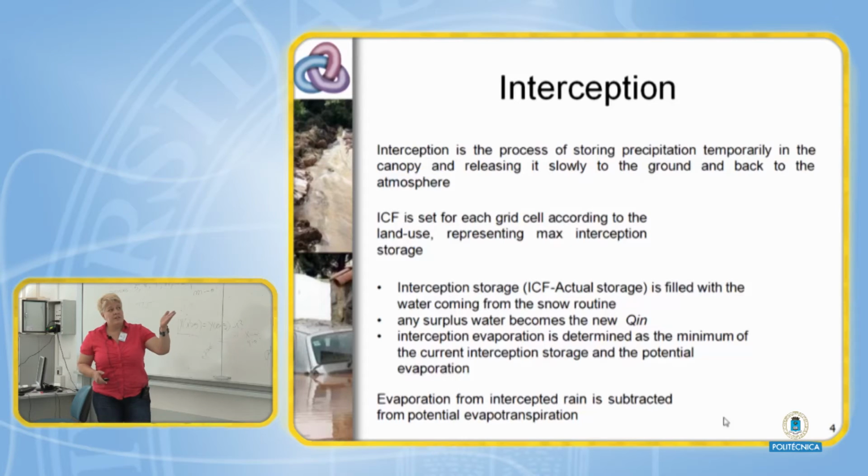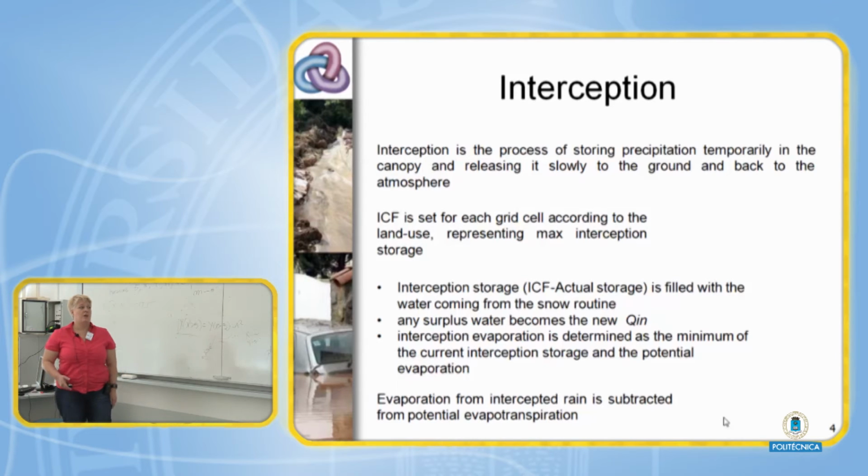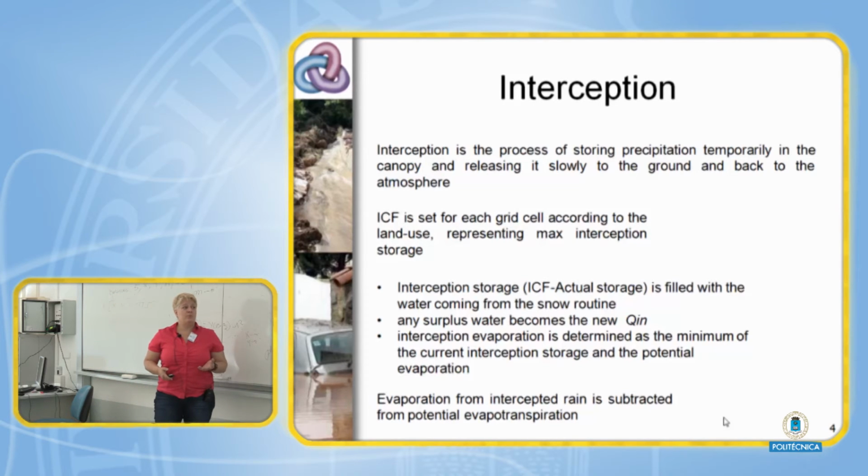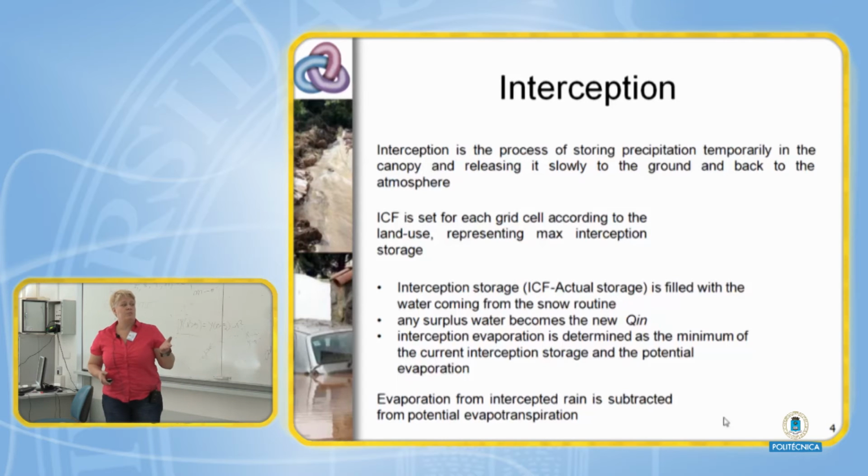The interception storage is filled with the water coming from the snow routine. Any surplus water will be available for infiltration. And if we have evaporation from the interception, it will be subtracted from the potential evapotranspiration.